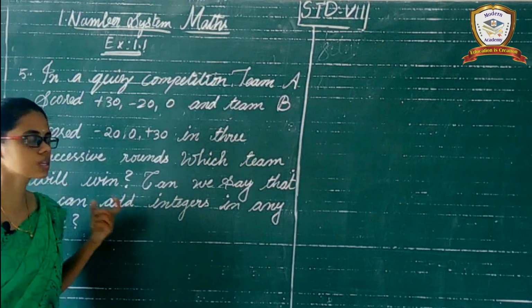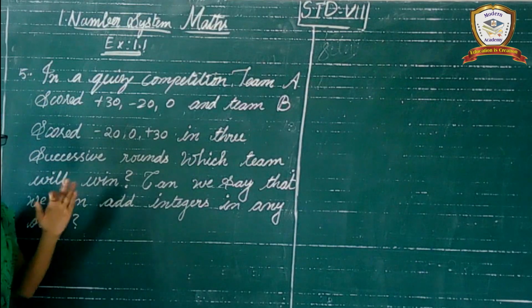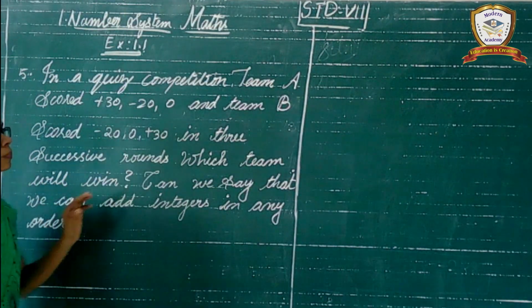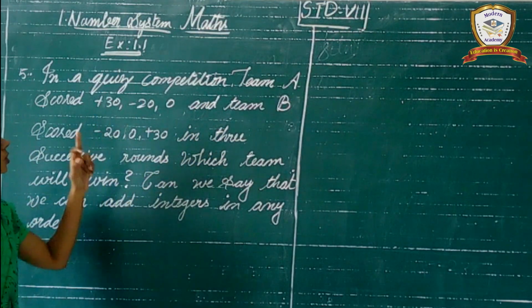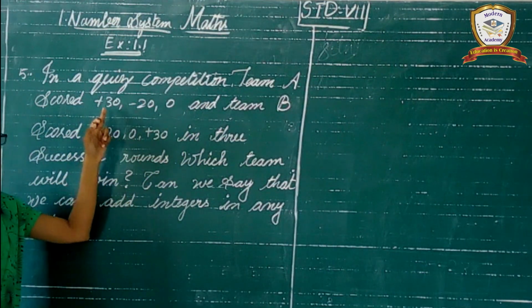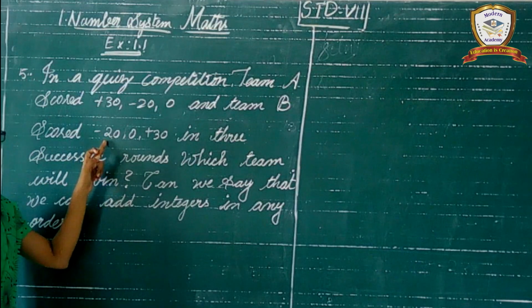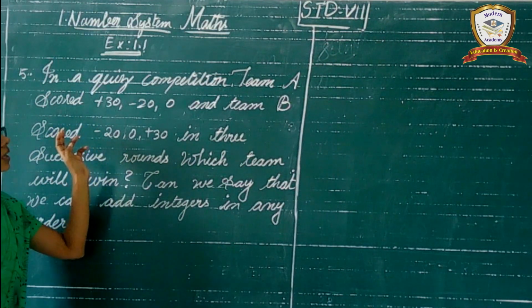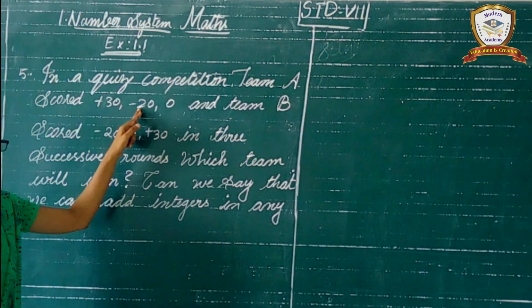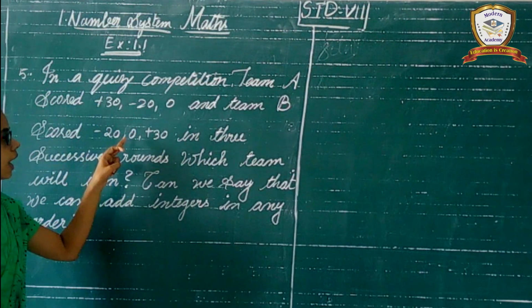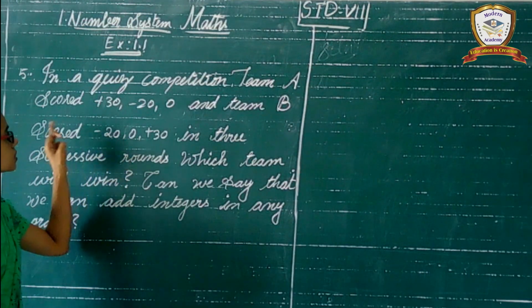Three successive rounds means next round, so totally 3 rounds. See the result here. In the first round, team A scored 30 and team B scored minus 20. Clear?